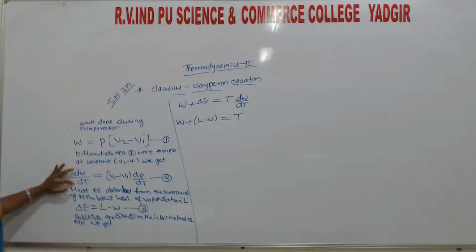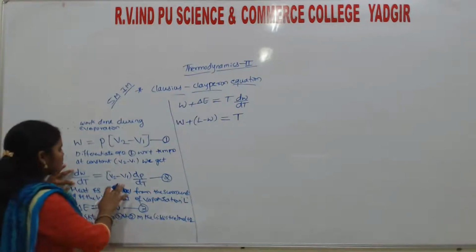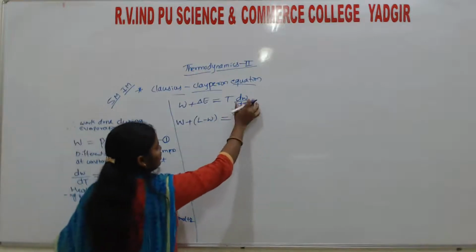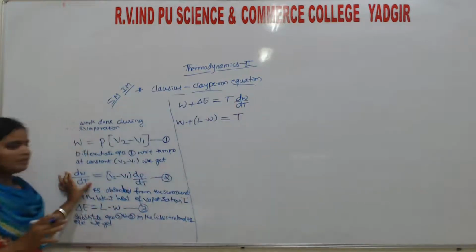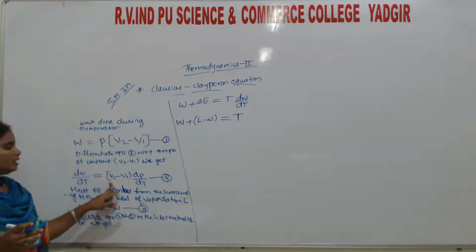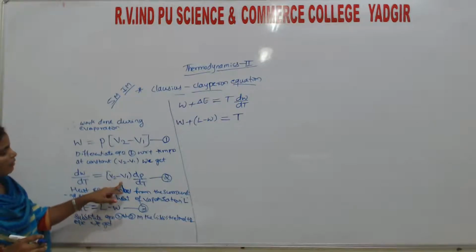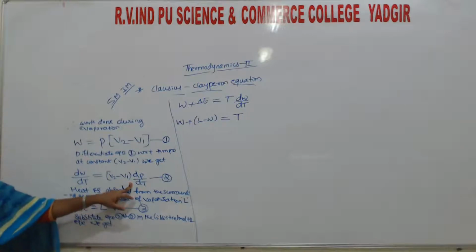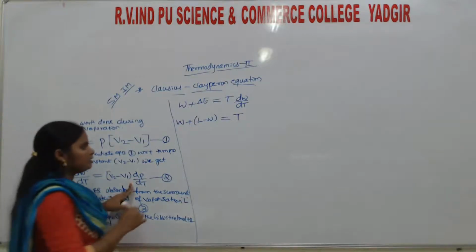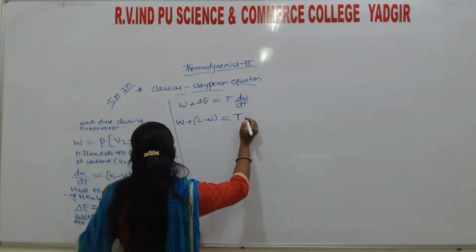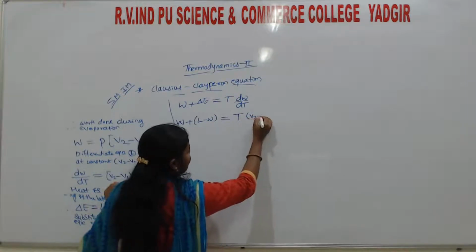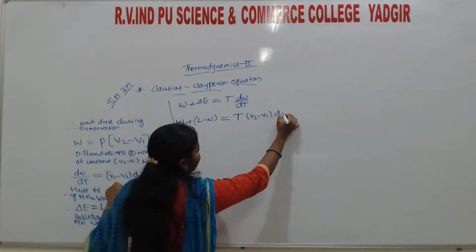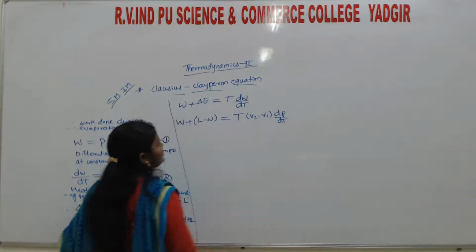Substituting dW divided by dT gives T into V2 minus V1 dP divided by dT.